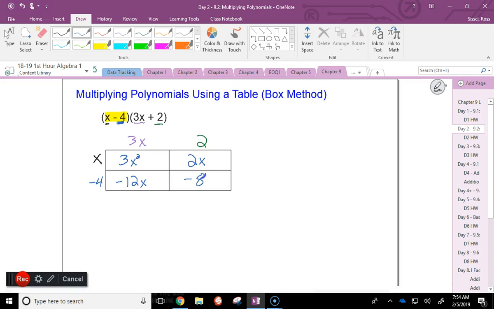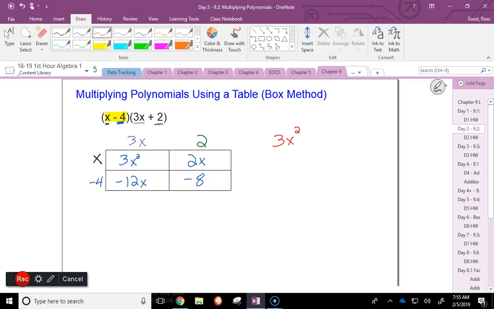The last thing to finish is we now write it in standard form, and we have to combine any like terms. So I look at my variable and I find what the highest degree was, 3x squared. So I start with that, 3x squared. And to be honest, how you show your work on this part's up to you. If you want to combine them now and just write it down, that's fine. So I see that I have a negative 12x and I have a 2x.